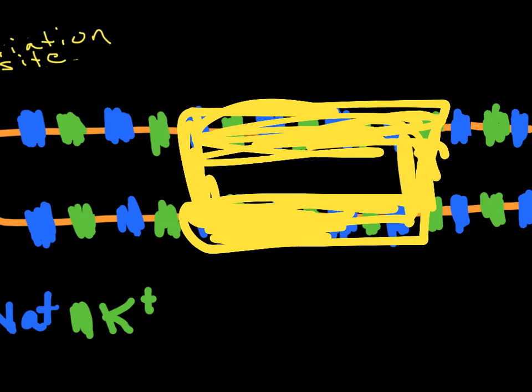So we have bam, bam, whoosh, bam, bam, and it's a much faster signal. The reason we have the whoosh is because the myelination keeps this current from leaking out, as it otherwise would on this membrane.